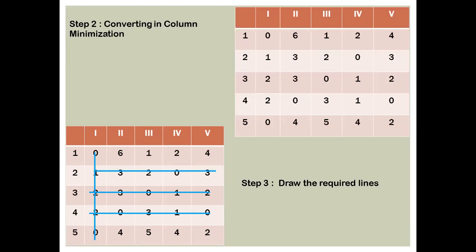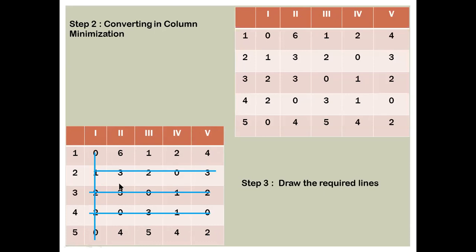Since the number of lines are not equal to the rows and columns, we are getting three types of elements. Now listen to this part very carefully. Numbers like 6, 1, 2, 4, 4, 5, 4, 2 are called as open elements because these can be seen clearly.